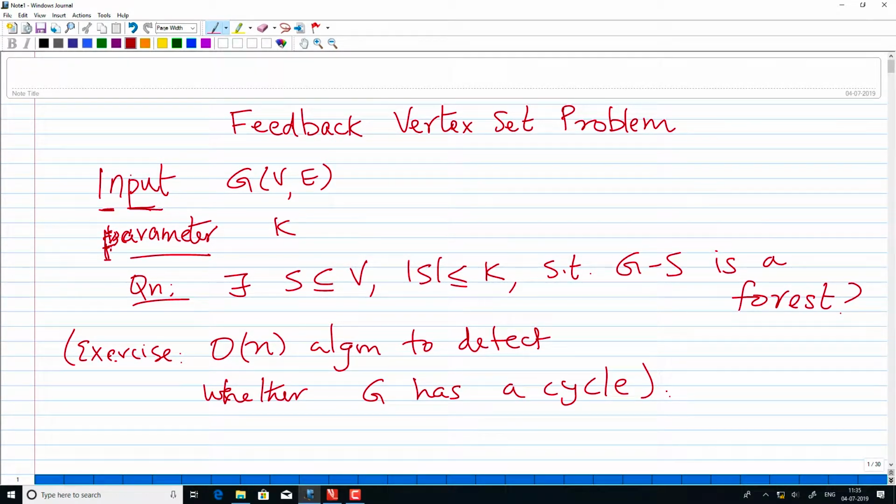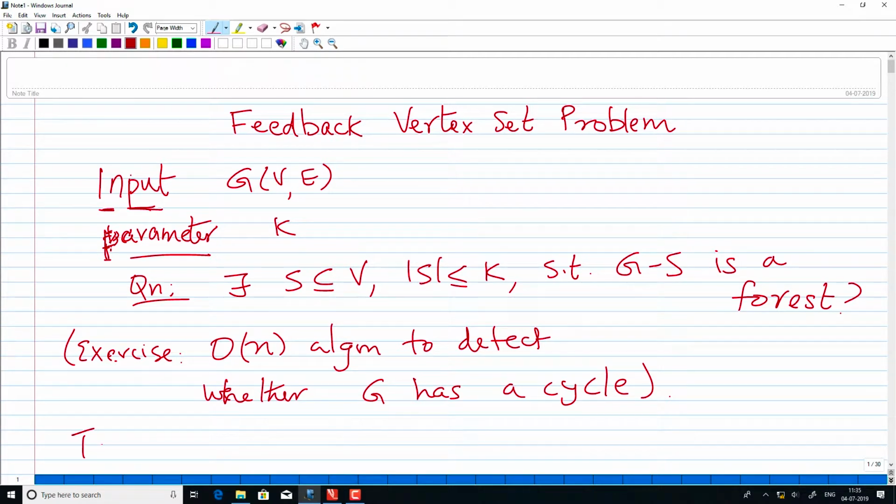Try all subsets of size less than or equal to k, delete it, check whether the remaining thing is a forest, which I just told you that you can do in linear time or something. So what would be the running time of that algorithm?